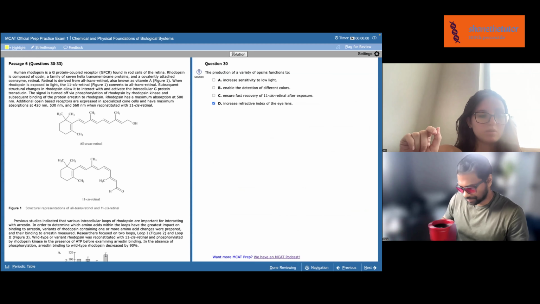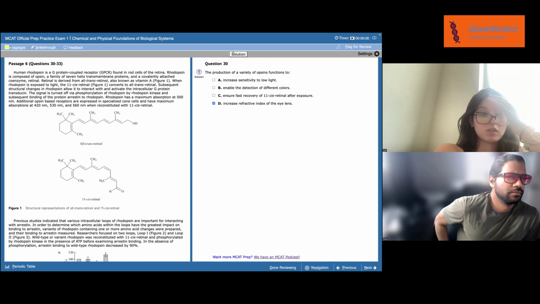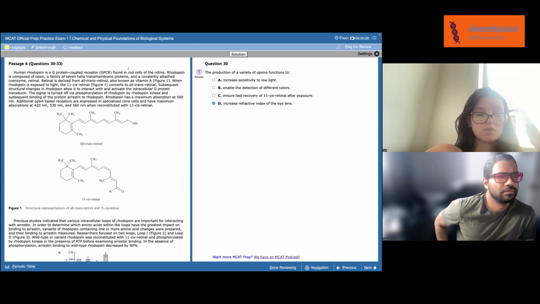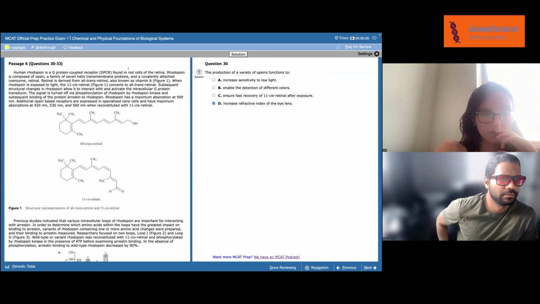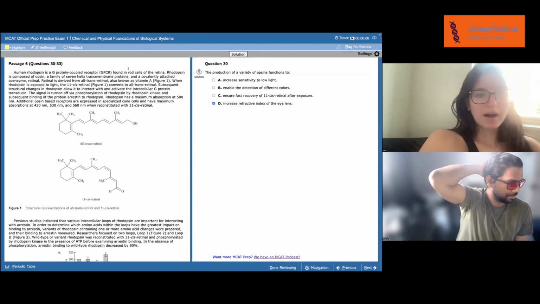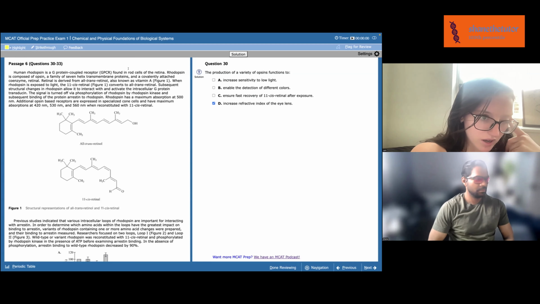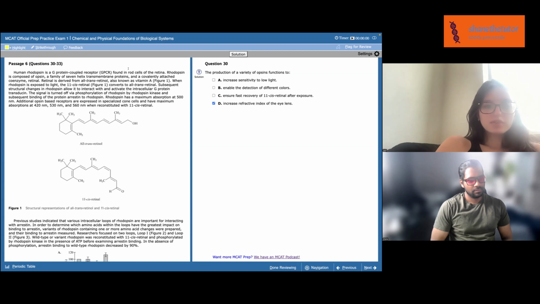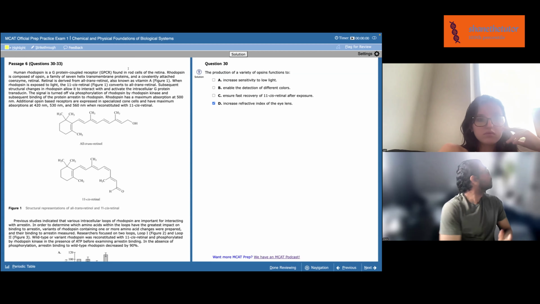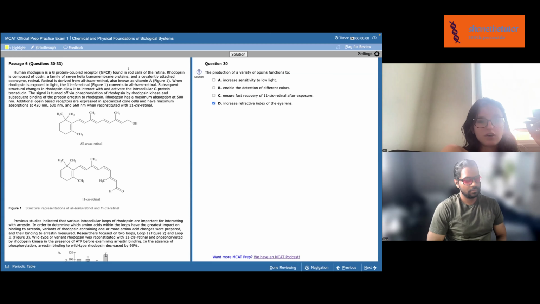Human rhodopsin is a G protein coupled receptor, GPCR, found in rod cells of the retina. Rhodopsin is comprised of opsin, a family of 7 helix transmembrane proteins, and covalently attached coenzyme retinal. Retinal is derived from retinol, also known as vitamin A. When rhodopsin is exposed to light, the 11-cis retinal, figure 1, converts to all-trans retinal. Subsequent structural changes in rhodopsin allow it to interact and activate the intracellular G protein transducin.